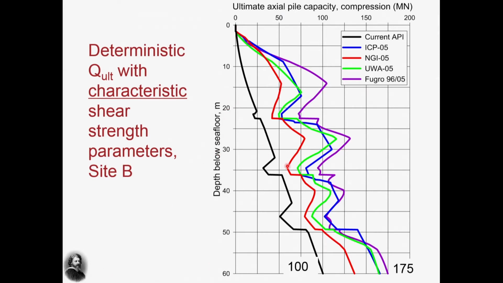The API is the black curve, and the 4 colored curves are the 4 CPT methods. And if you look at the depth of 60 meters down below, we have a value of resistance on the pile between 100 and 175 meganewton. That's an enormous difference, and it means a lot of money when you're going to install those piles offshore.